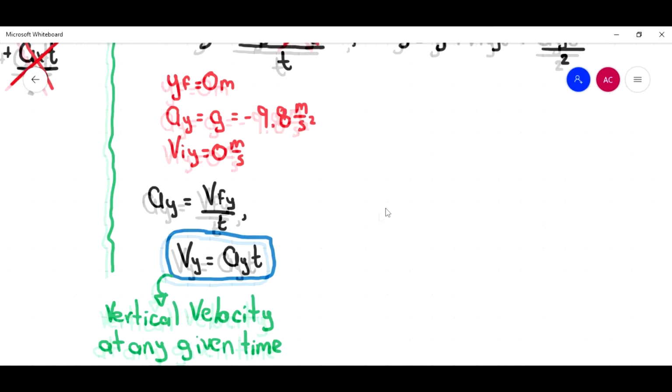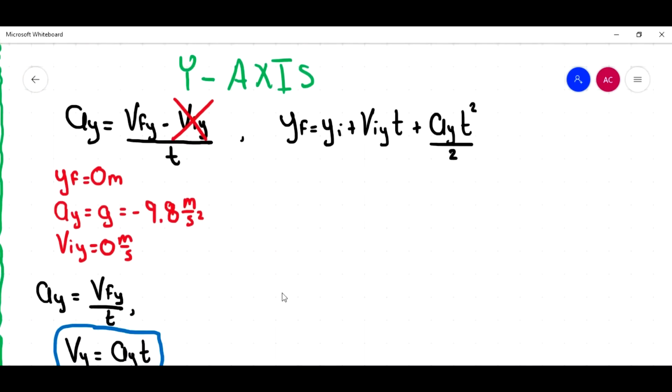Now let's go here and cancel everything that is going to be 0. Final position is going to be 0. Initial velocity is going to be 0. And that's it. From that equation, I'm going to find initial position equals minus acceleration in y multiplied by the time squared over 2.